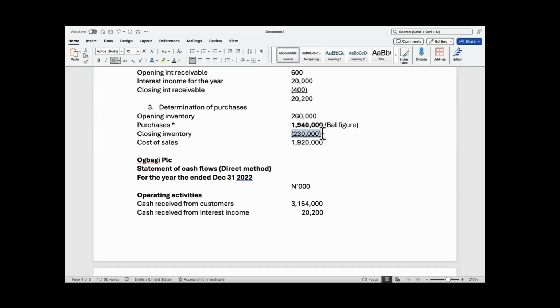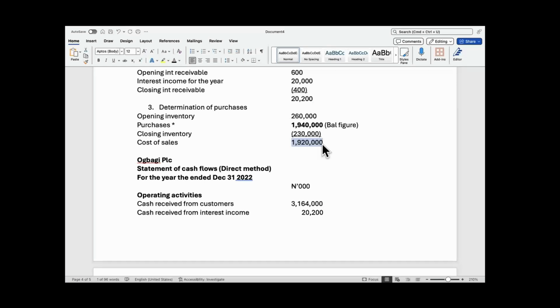1,890,000. Because when you do 260 minus 230, it becomes positive 30. When it goes to the other side of the equation to go and meet this answer, it becomes negative. So 1920 minus 30 is 1890.